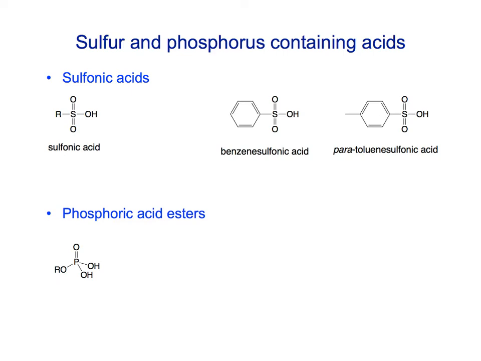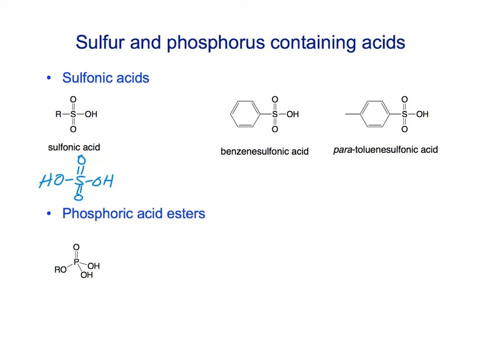So sulfuric acid has a structure just like this. And so in sulfonic acids, we've essentially removed one of those OH groups and just added an alkyl group or a benzene group or some organic piece there.